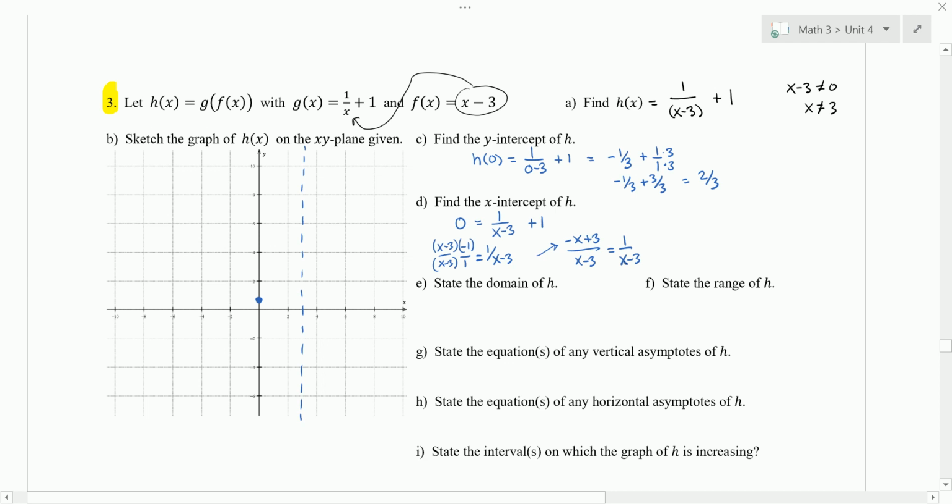Both have the same denominator, so I set the numerators equal to each other and get negative x plus 3 equals 1, or negative x equals negative 2, so x is equal to 2. And there's going to be our x intercept.